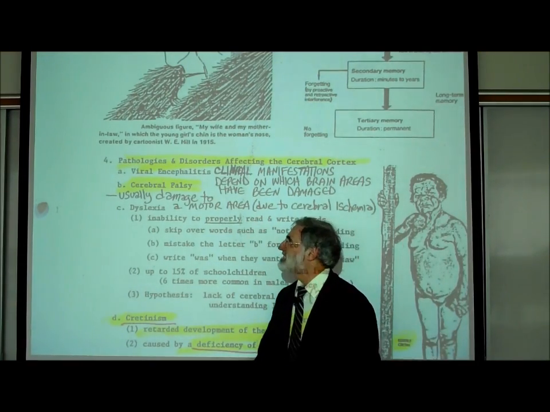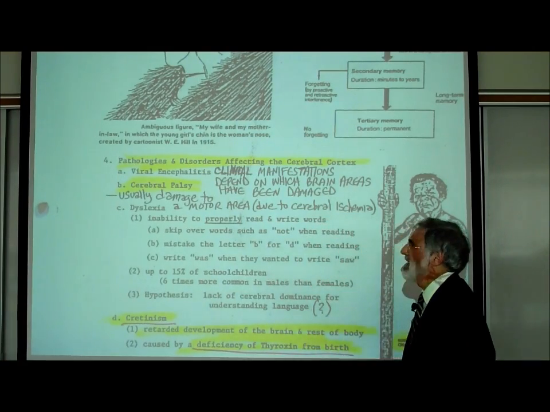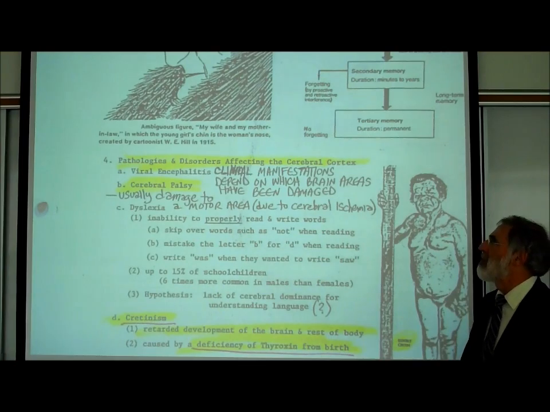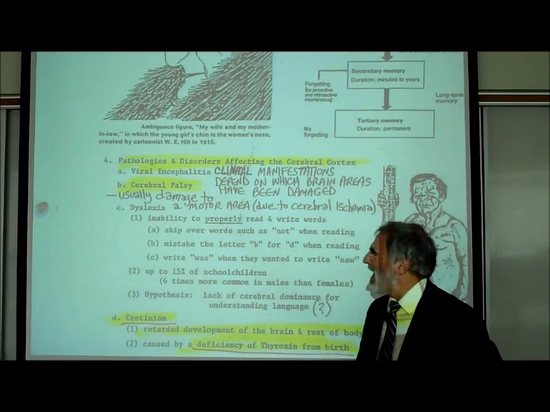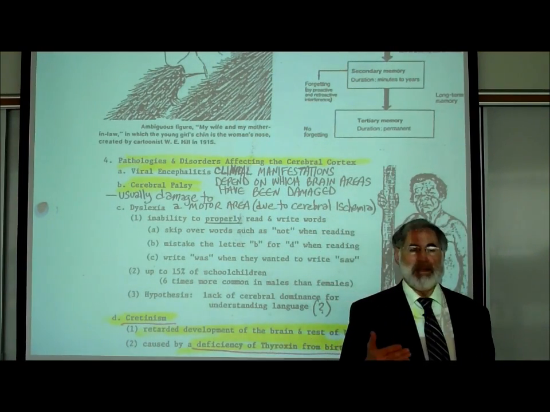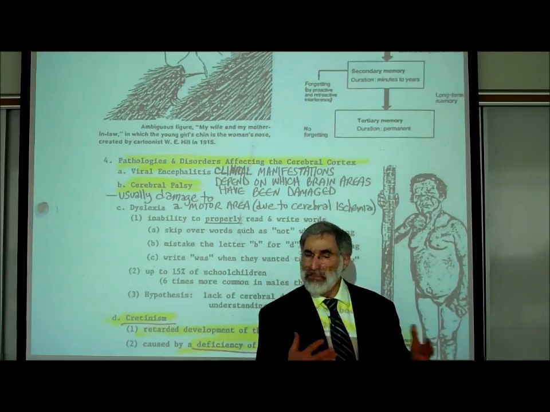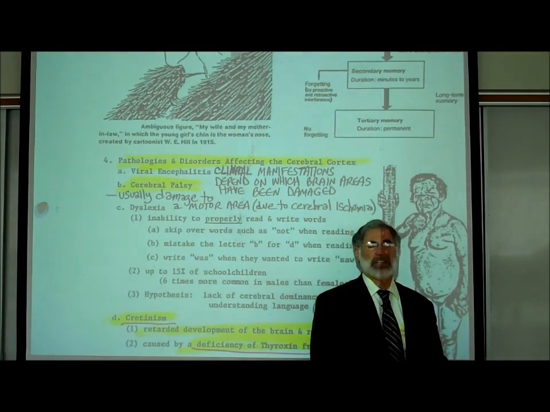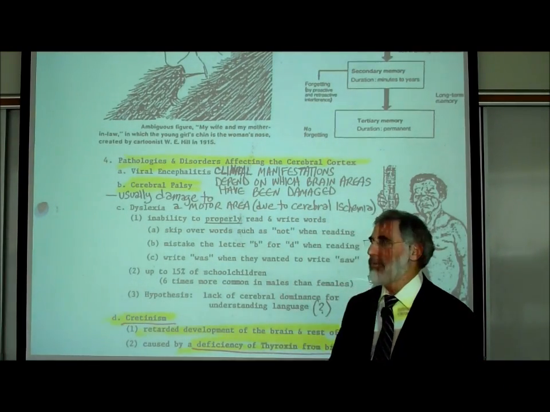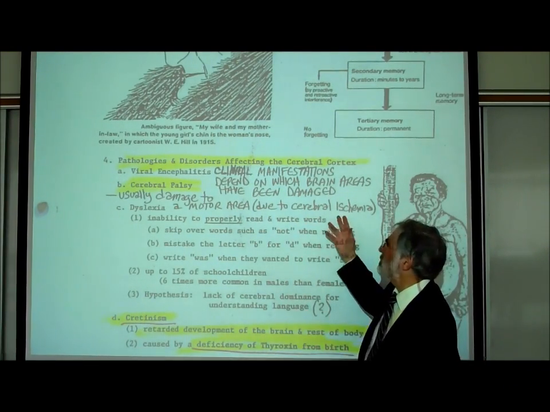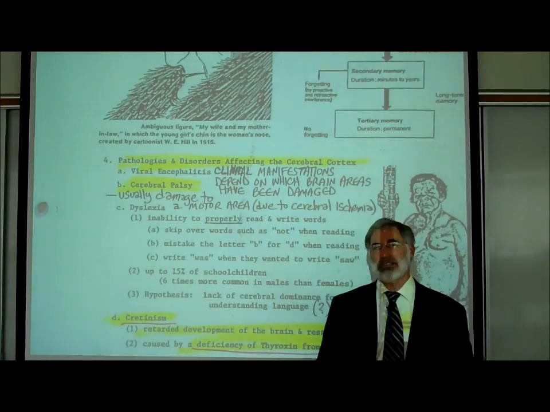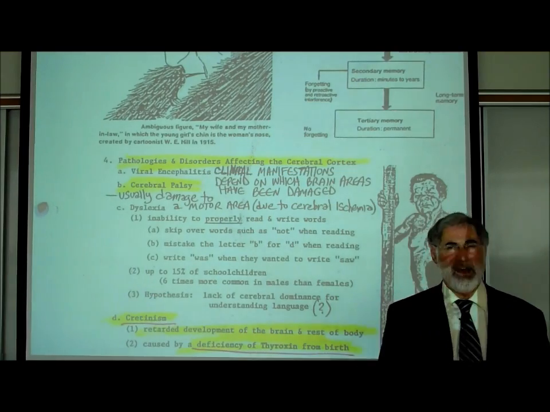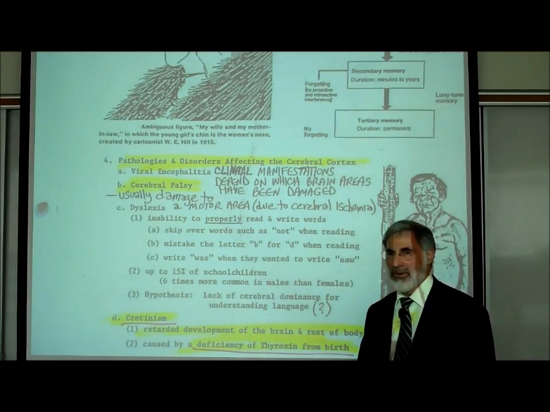Cerebral palsy. What's CP or cerebral palsy? This is actually damage to the brain, usually a motor area, resulting in a motor deficit, an inability to voluntarily control skeletal muscles compared to normal, and it's usually due to cerebral ischemia, insufficient oxygenated blood going to a motor area of the brain or some other area of the brain.